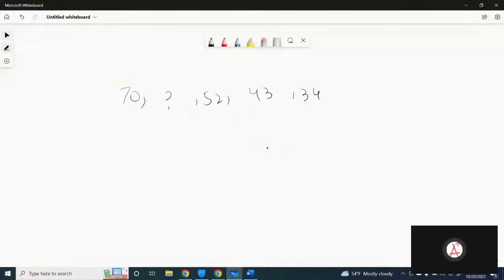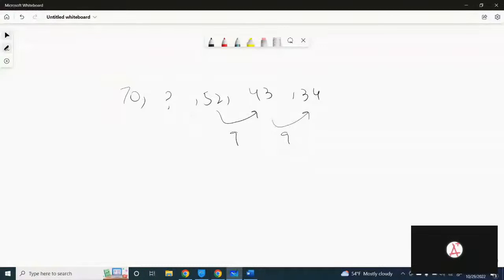Okay, 52 subtract which number is 43? 52 subtract 9 is 43, and 43 subtract 9 is 34.